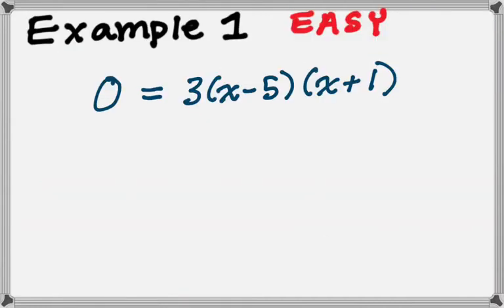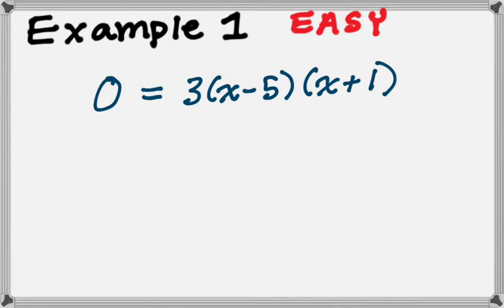This is the easiest we can do. This particular quadratic equation you might not notice is quadratic right away because I don't see an x squared. However, I know that these parentheses mean we're going to multiply, and if we do, there will come a point where we would multiply the x times the x. We're not actually going to do that, but when you multiply an x times an x, you get an x squared.